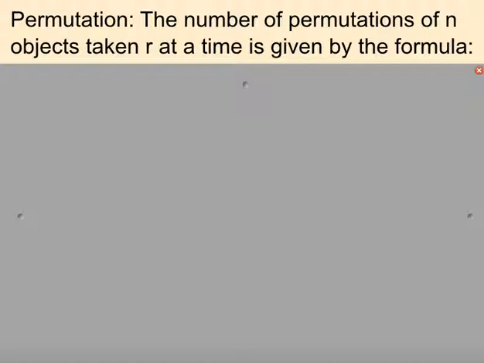Okay, now a true permutation is not just looking at how many different combinations for just these objects. Oftentimes we look at how many different ways we can have these objects and only pick 3 of them. So say we have 6 different options, but there's only 3 spots for them. That's a true permutation.